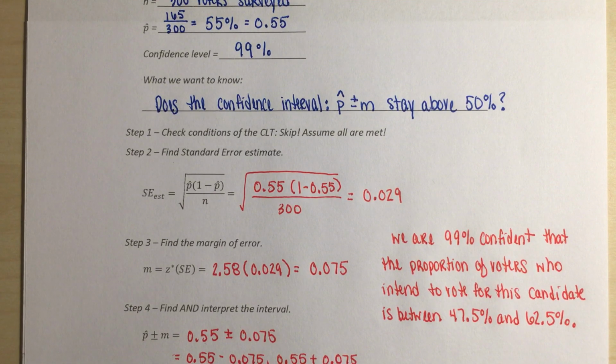So we're 99% confident that the proportion of voters who intend to vote for this candidate is between 47.5% and 62.5%.